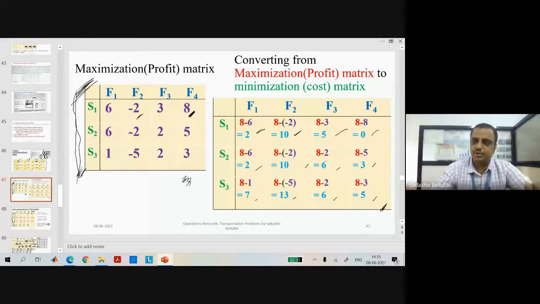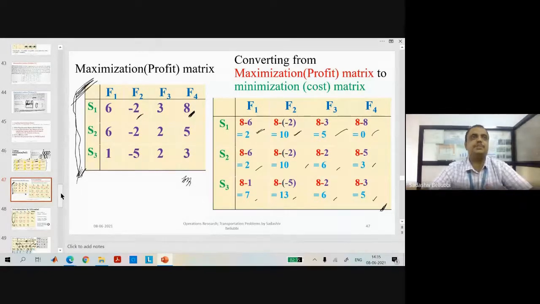But you have not finished the optimization yet, because on optimization I have already finished two to three problems. For the optimization, the first step is you need to check whether m plus n minus 1 is equal to the number of allocations. If it is equal, then you can proceed. Otherwise, you need to make it equal.